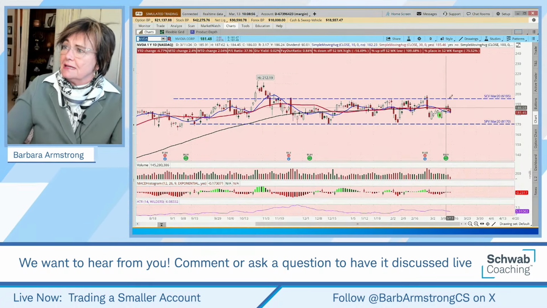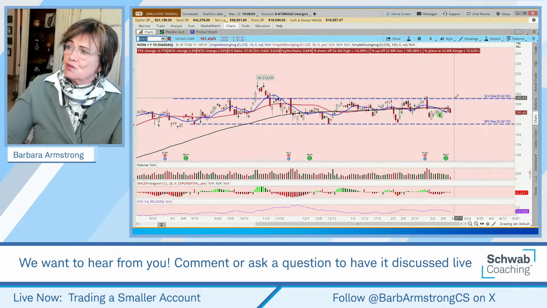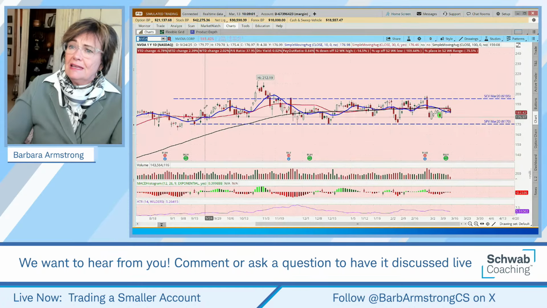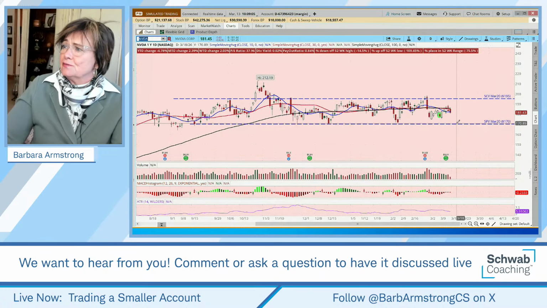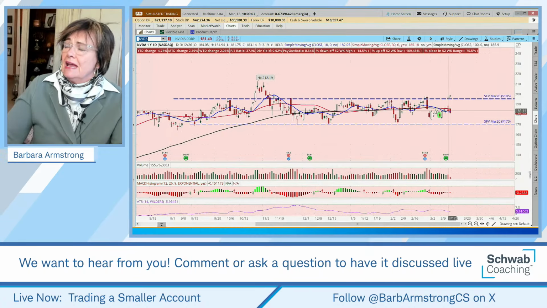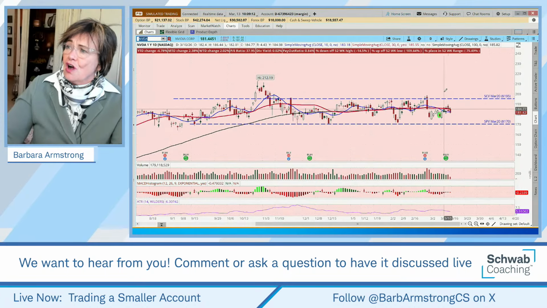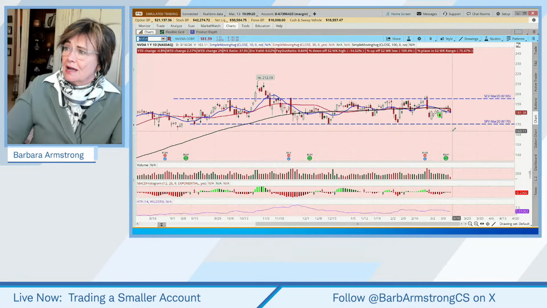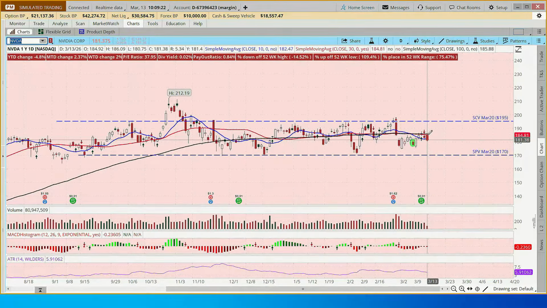So what we've done is we put a short call vertical on because Nvidia, since September, has been largely trading in this range between 170 and 195. So we did a short call vertical at the top because we're expecting it to stay below 195. And we did a short put vertical on the bottom at the same time, expecting it to stay above 170.